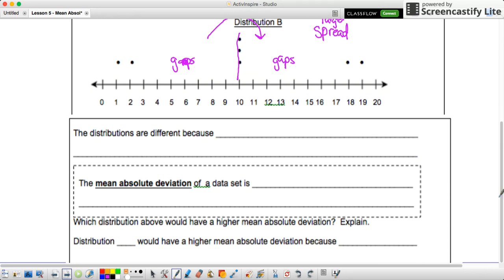Okay, if you turn your paper over to the other side, we can write actually a sentence about how they're different. And the distributions are different because the spread is far apart in the second distribution.